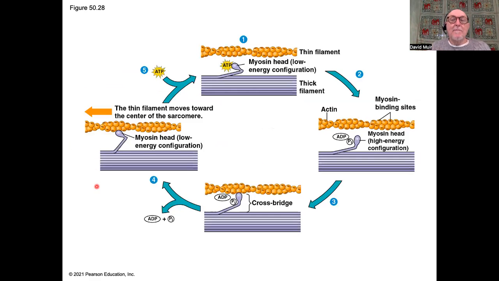So the actual mechanism whereby this takes place all relies on the action of those myosin heads that I showed you before. When calcium floods the muscle fiber, several steps arise, but the ultimate action is that ATP is used, energy from ATP is used to actually cock the head of the myosin filament.